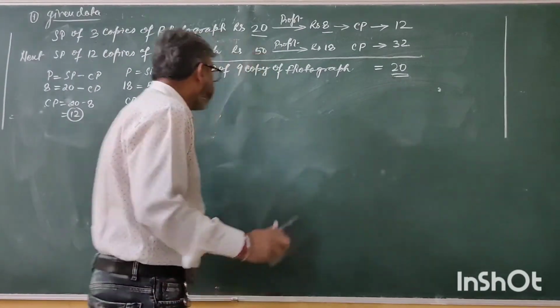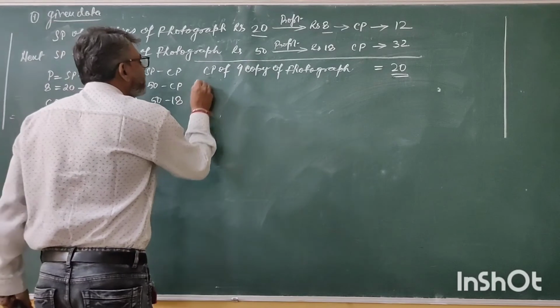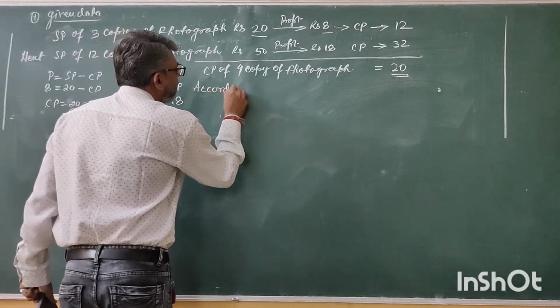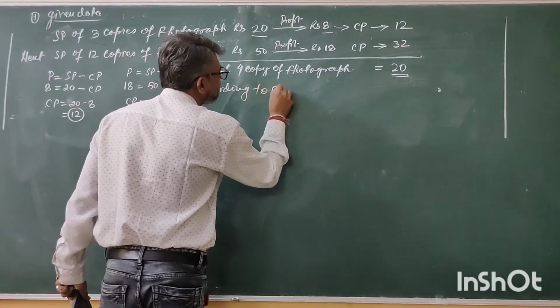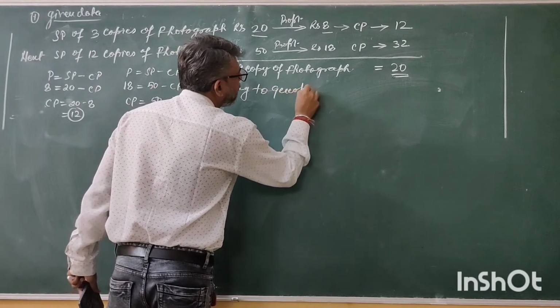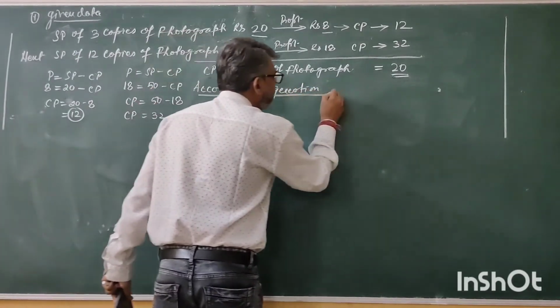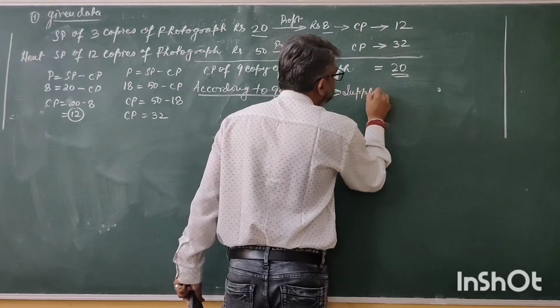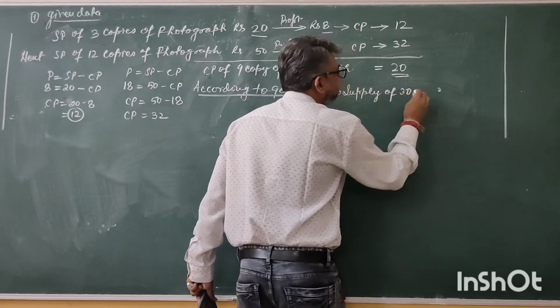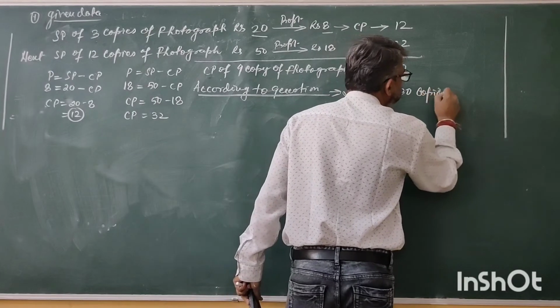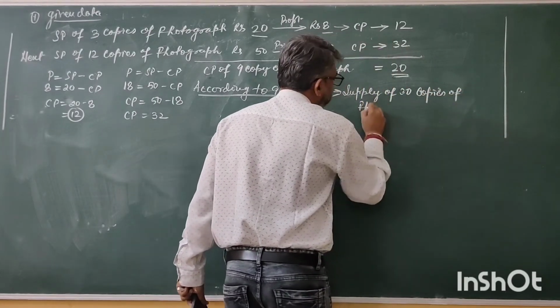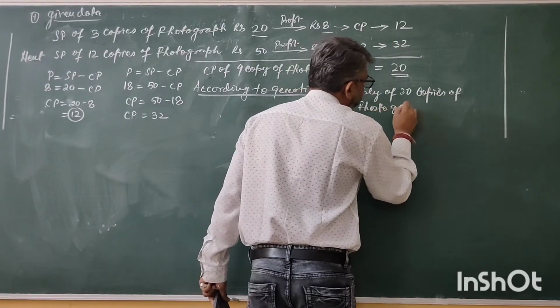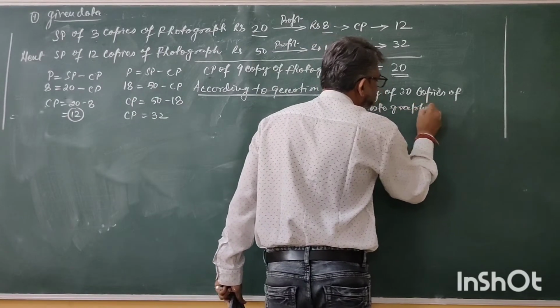Now the difference between the two, the CP of 9 copies of photograph equals 20. Okay? According to the question, supply of 30 copies of photograph. What do you mean by this?